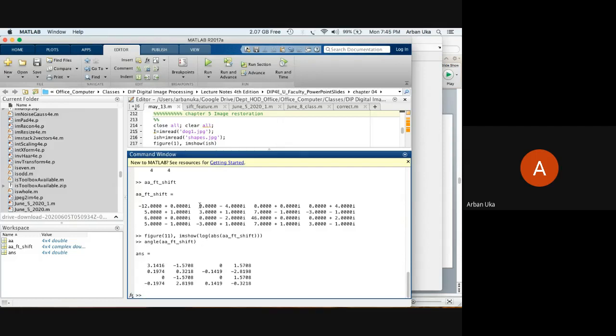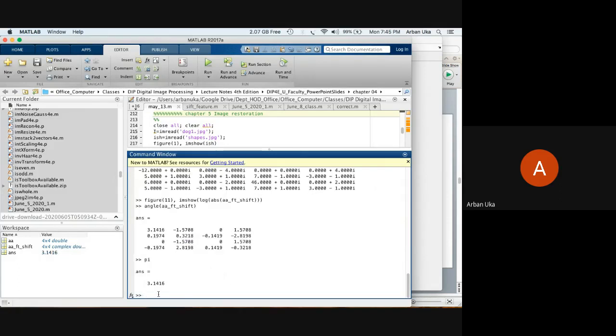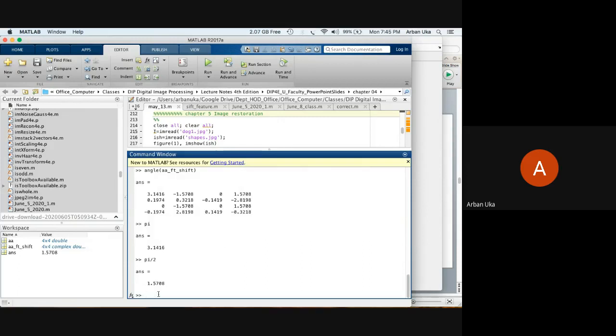What does this number correspond to? This looks like some pure complex number. If this is a pure complex number, that means this complex number is equal to minus i. This minus i corresponds to an angle of minus 1.57. Pi is 3.14. Pi divided by 2 is 1.5708. So this is minus pi over 2.